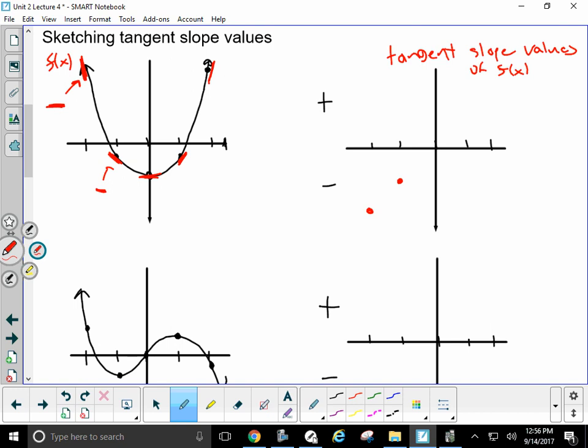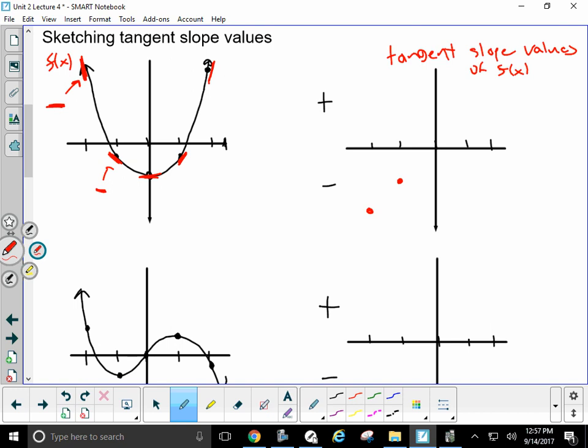It's just a large negative value. Okay? Think of it like negative 1, 2, 3, 4, that's a larger negative value. Because the slope is very steep and negative, we're going to be towards the bottom of the negative values.